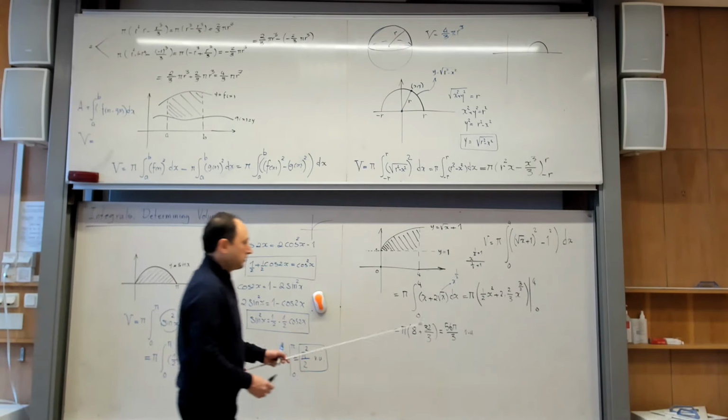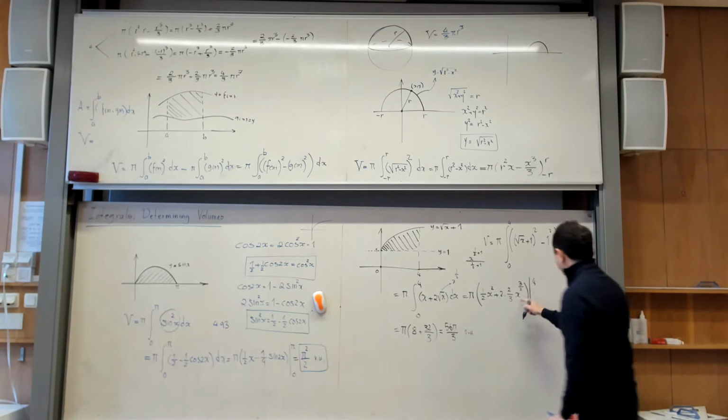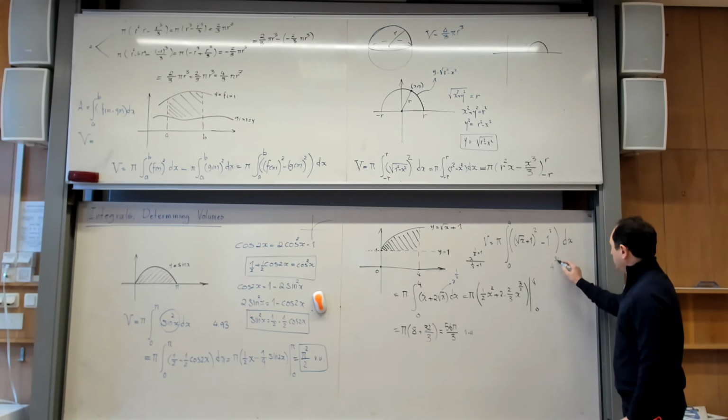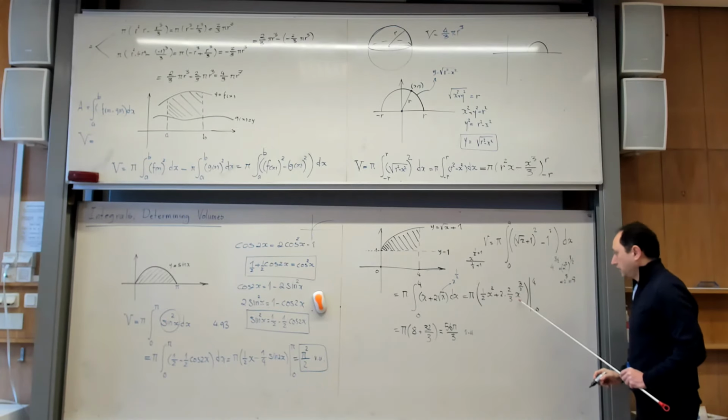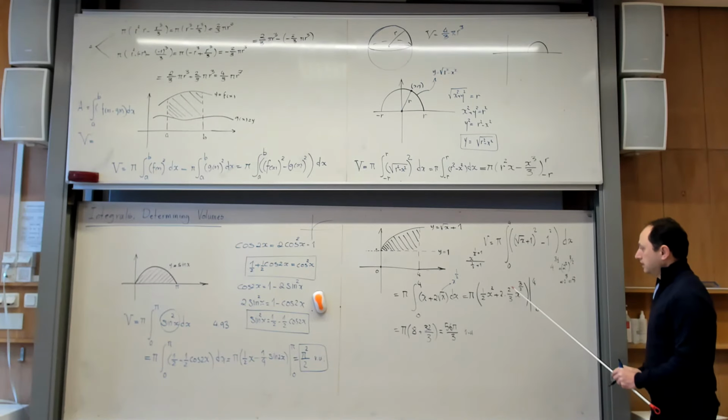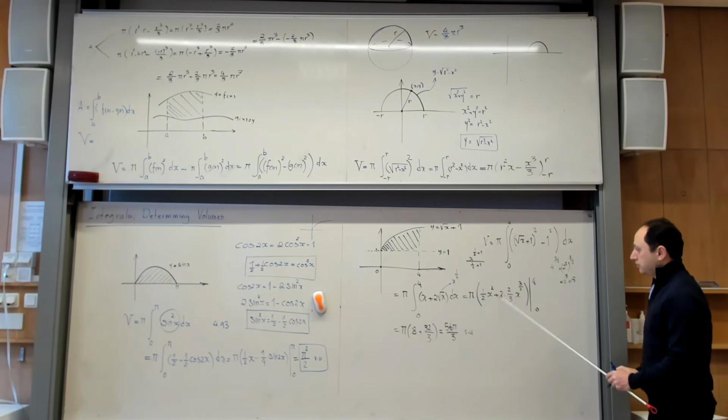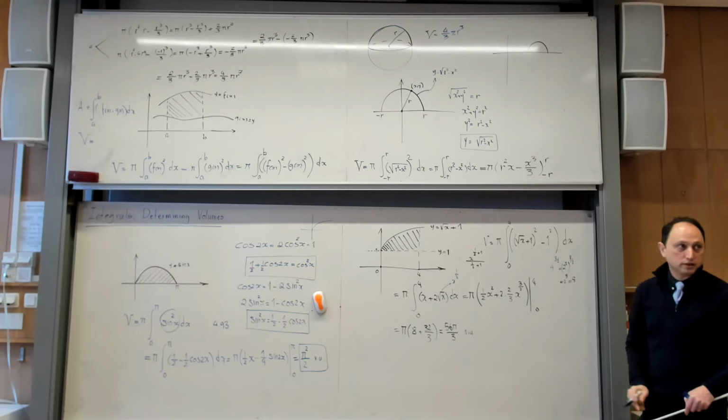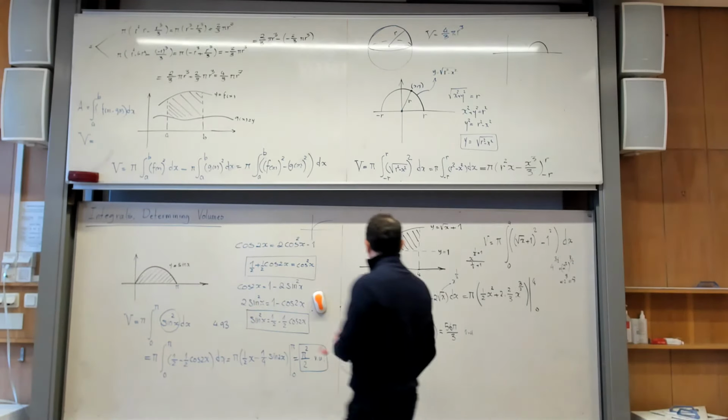And the reason that I wrote it is because when I put 4 here, 4 to the power of 3 over 2 is 2 squared to the power of 3 over 2. This becomes 2 to the power of 3, which becomes 8. So I did it in my head. When I put 4 here, it becomes 8 times 2, 16 times 2, 32. And then I have a 3. Yes? So this is good.